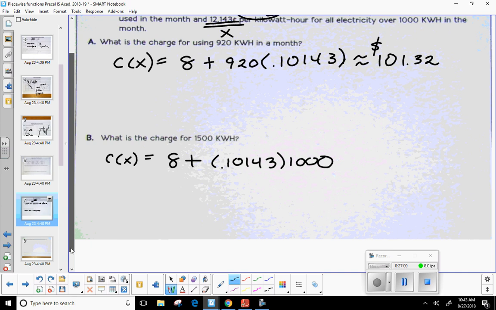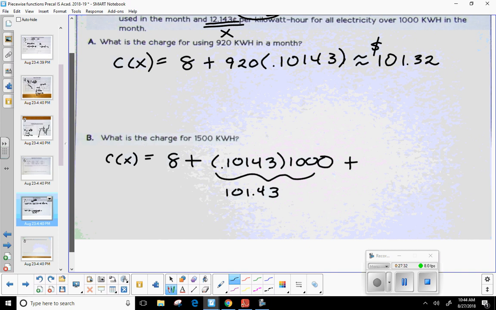Or you could just do what this gentleman was talking to me about a second ago. What's going to happen if I multiply that decimal by 1,000? It's going to move the decimal how many places? 3. So wouldn't that be just $101.43? Okay. So right there, if you use exactly 1,000 hours, you're going to pay $109.43.